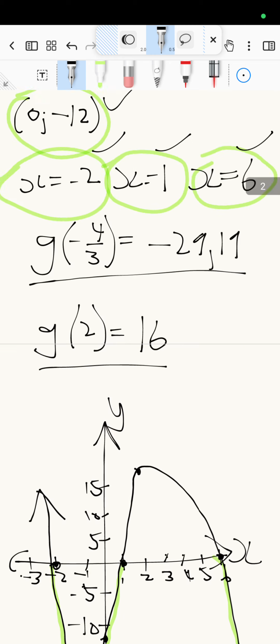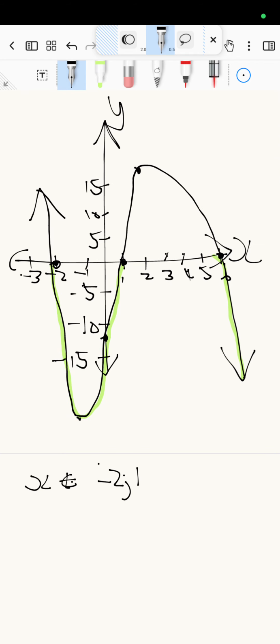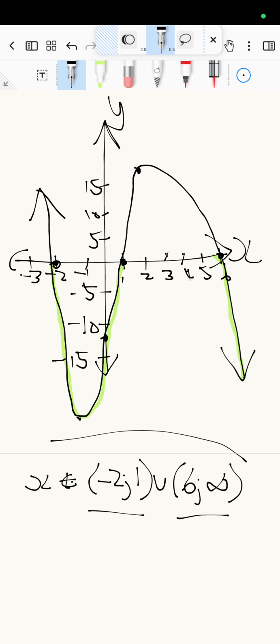The inequality says it is strictly smaller than 0, so it can't be 0, so I'm using round brackets to exclude those numbers. Then it is also from positive 6 up until infinity. Infinity is never included, and 6 is excluded because that is actually 0. Because it is this one as well as this one, I need to put a union symbol there. The union we should know from our probability. So that is our final question. Great, good luck.